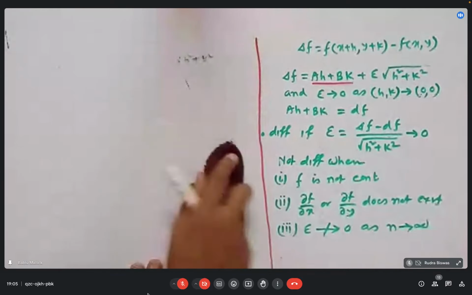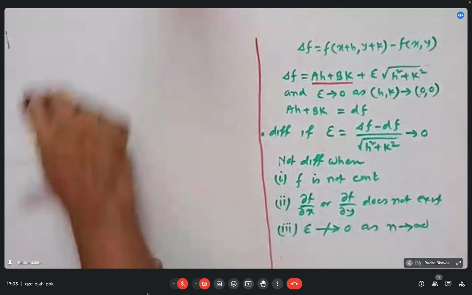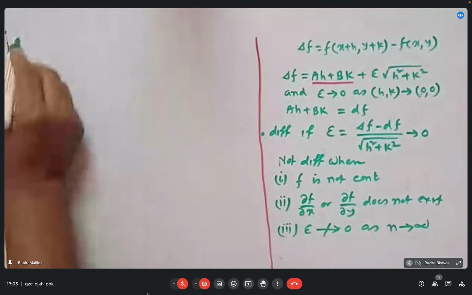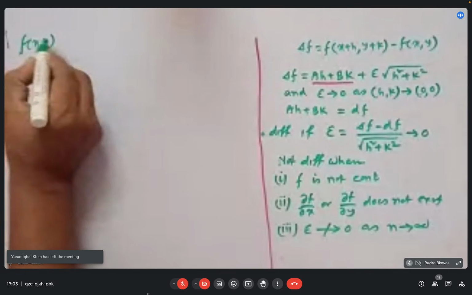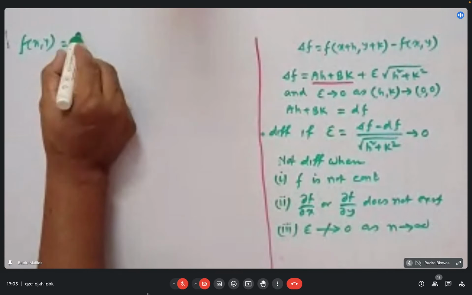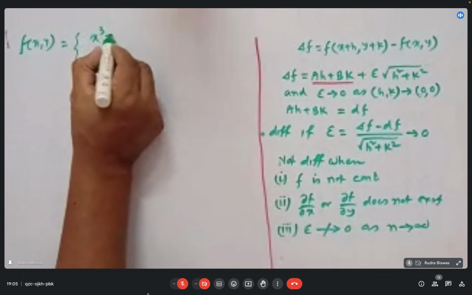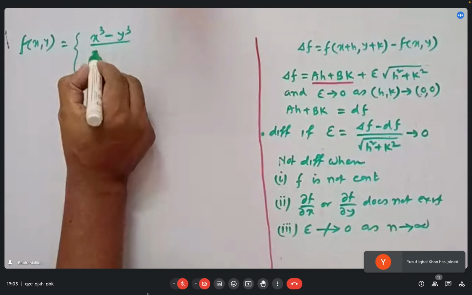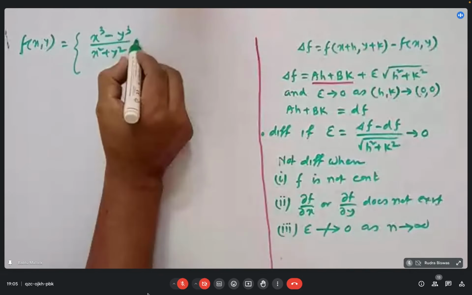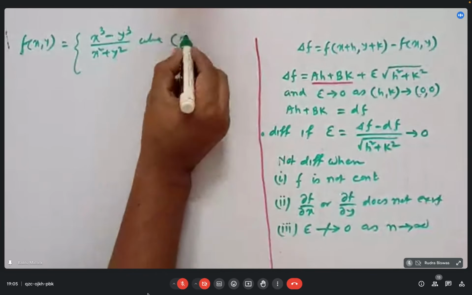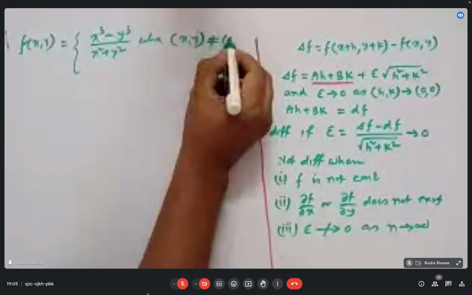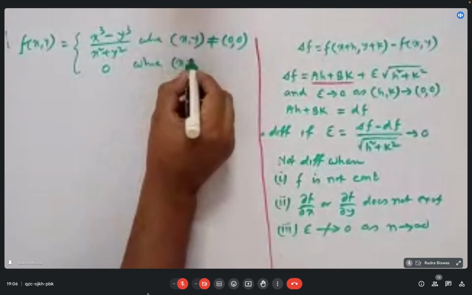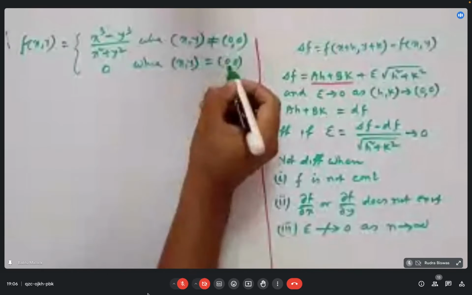Write 2 homeworks, you will do this. This is the first homework: f(x, y) is equal to x cube minus y cube divided by x square plus y square when (x, y) is not equal to (0, 0) and it is 0 when (x, y) is equal to (0, 0).